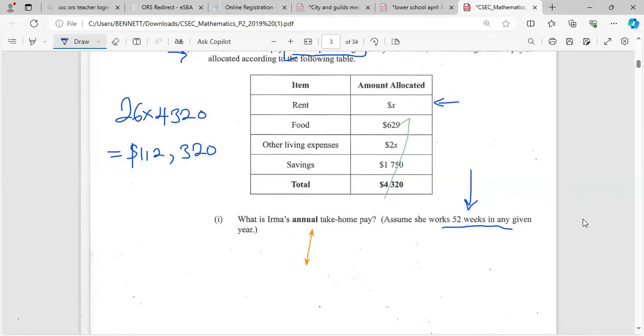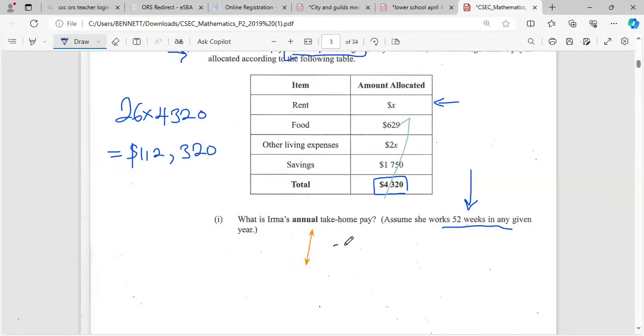All right. So, guys, they gave us the total. Work it out and send me. They gave us the total of 4,320, right? And the rent is X dollars, food 629, other expense 2X, and the savings 1,750. So we can literally form an equation. The fact that we have the total, right? And we have X and 2X terms.